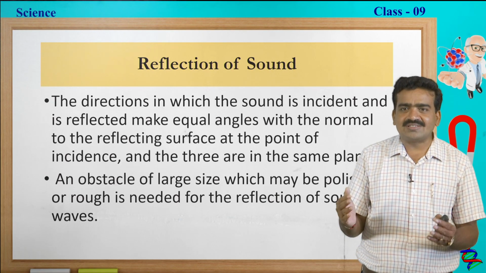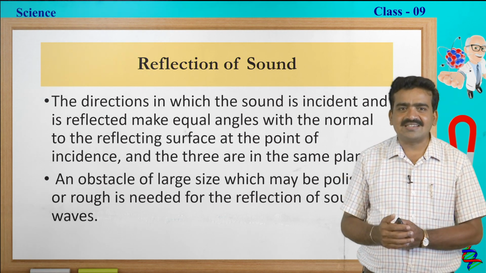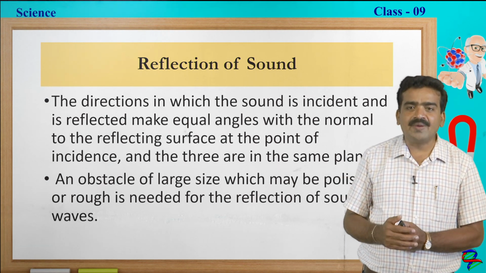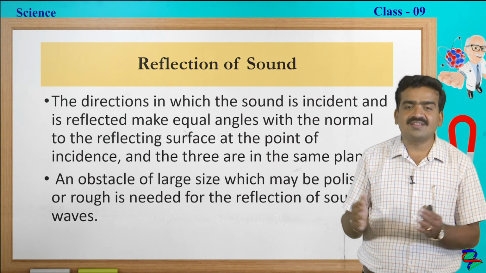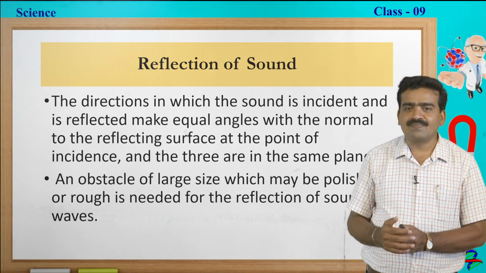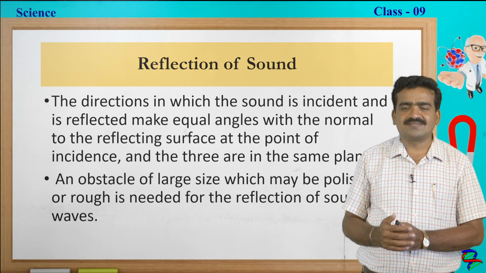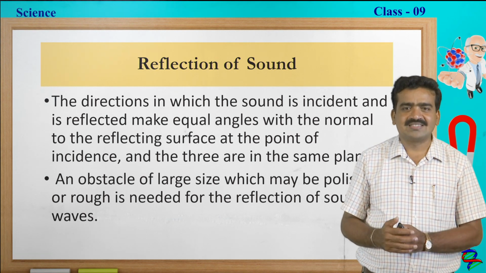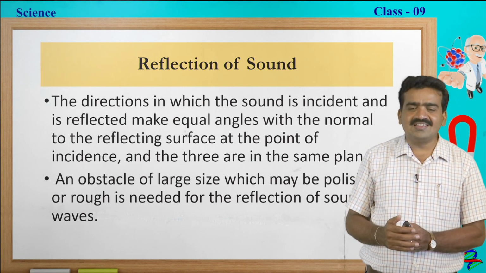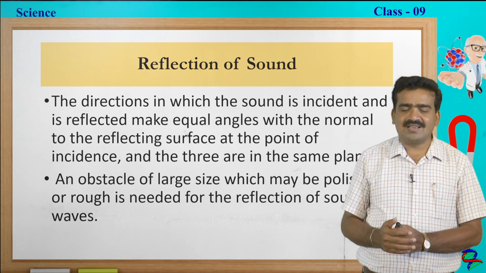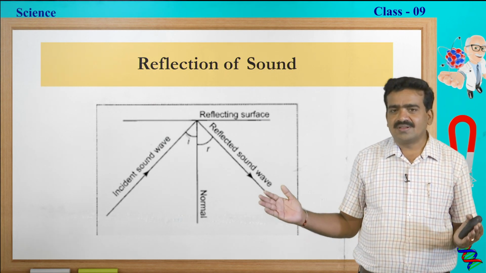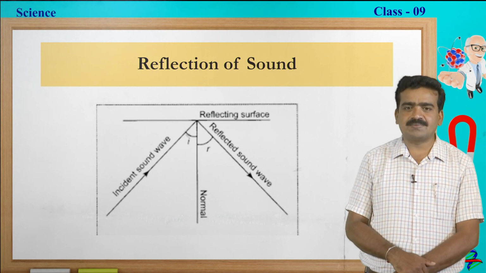The directions in which sound is incident and reflected make equal angles with the normal which is drawn at the reflecting surface at the point of incidence, and the three all lie on the same plane. This is how the reflection of sound takes place.